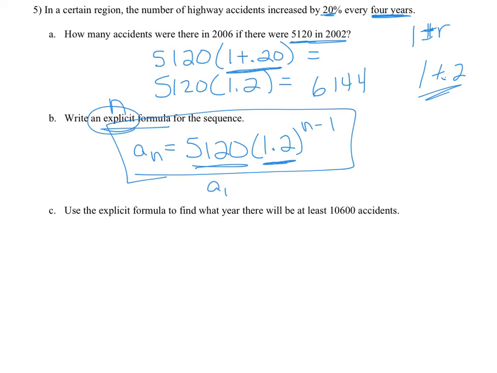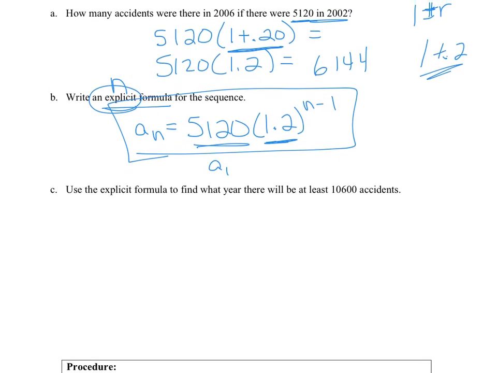And then they ask, use the explicit formula, the one we just found, to find the year that at least 10,600 accidents occurred. So to do that, with our explicit formula, they're telling us a sub n. So they're telling us this number right here.